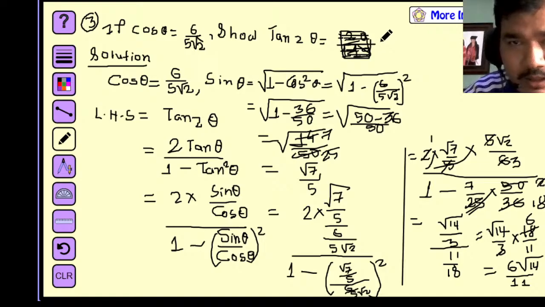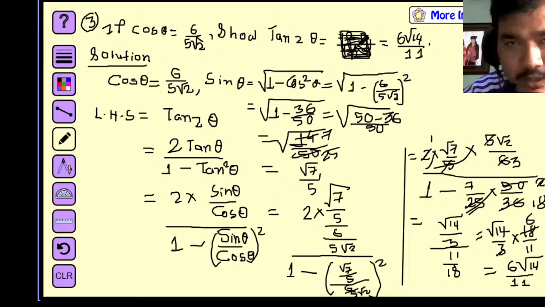Here we write its answer to prove: tan 2 theta equals 6 root 14 up, and down there will be 11. Here I corrected this question.